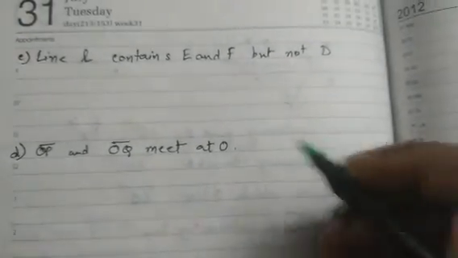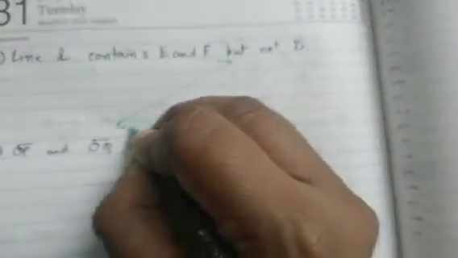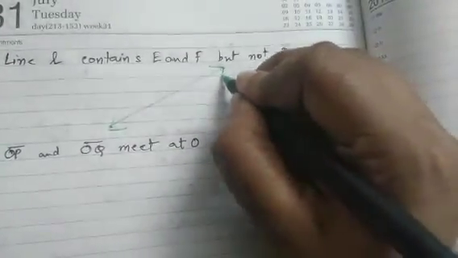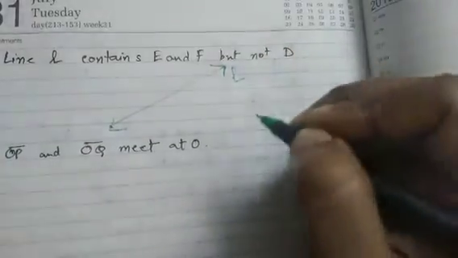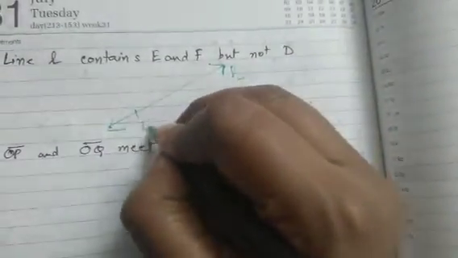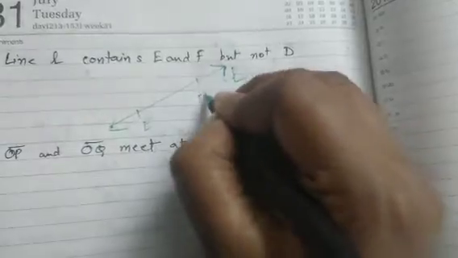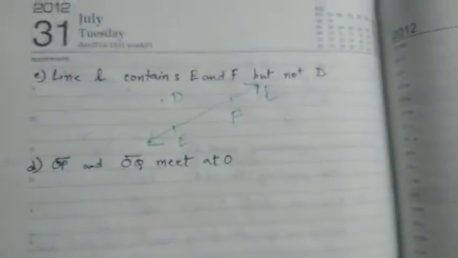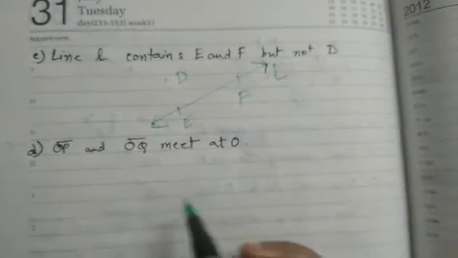Next, line L contains E and F but not D. So I draw a line L which contains E, which contains F but not D. D is somewhere outside, not on the line.